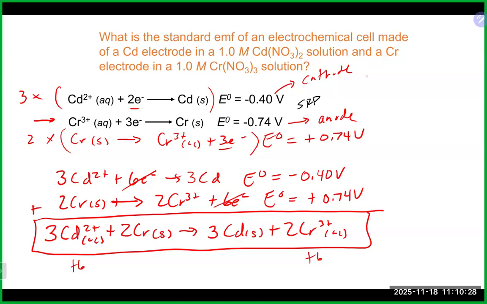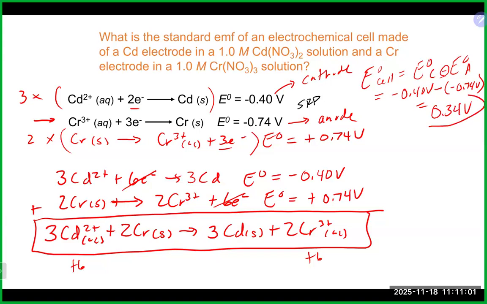Now, if we want E of our cell, we once again could do it either way. If you do cathode minus anode, remember, since I'm subtracting, I'm not going to change the value. So I would take minus 0.4 volts minus a minus 0.74 volts. Again, that's going to change the sign for me, so I don't have any issues, and that's going to give me 0.34 volts.